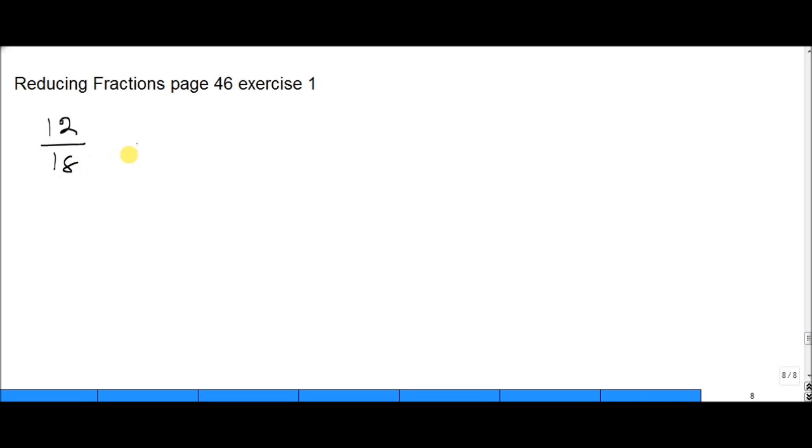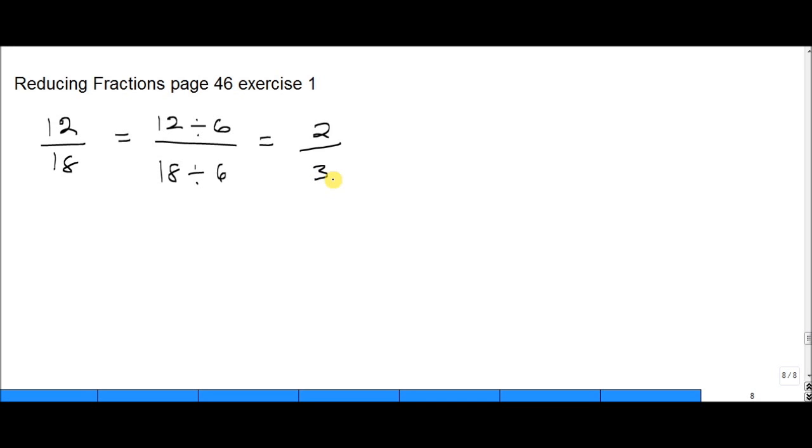And they say, if we divide the 12 by 6 and we divide the 18 by the same 6, we would get 6 into 12 2 times and 6 into 18 3 times. Okay, that's one approach.